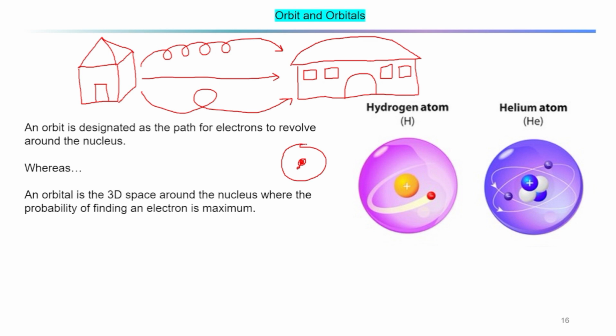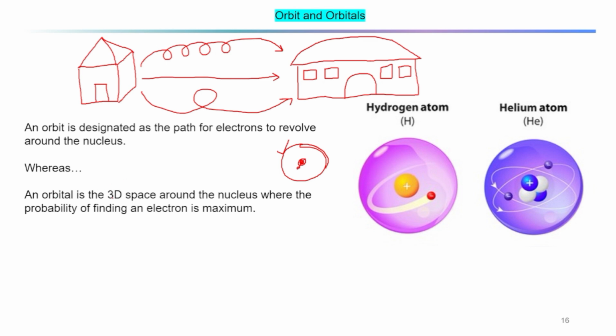My drawing is pretty bad, actually I'm using a very bad setup. Yeah, so this one is your proton and your electron is revolving around it. This is a two-dimensional picture, and this is called an orbit. I have just designated the path in which the electron is revolving around the nucleus.